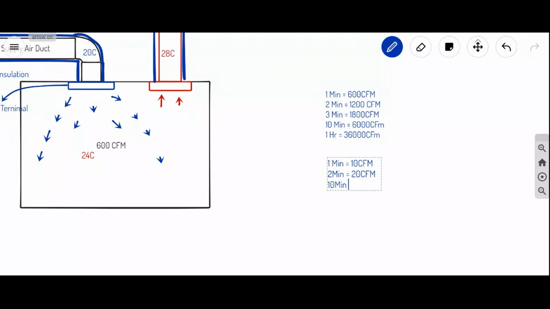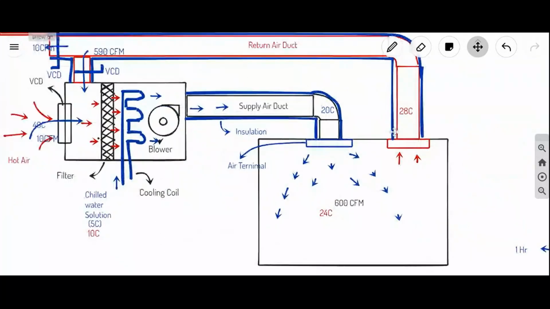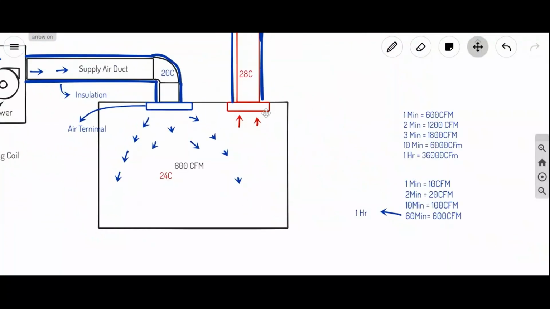10 मिनट में 100 CFM. 60 मिनट में 600 CFM. See, 60 minutes means 1 hour, right? In 1 hour, completely the air is replaced with new air. Got it?